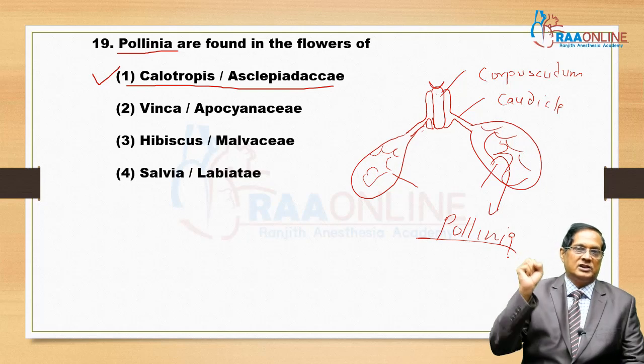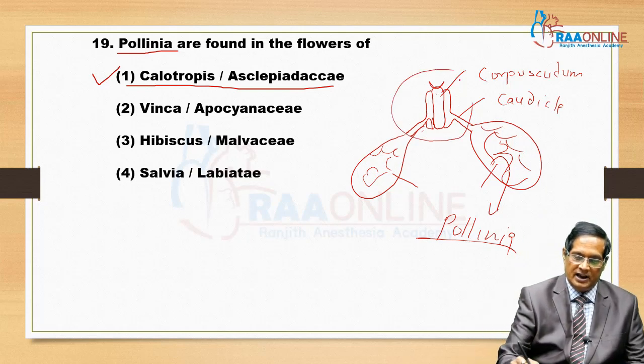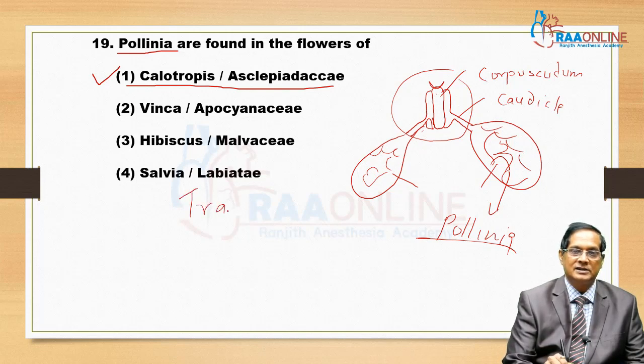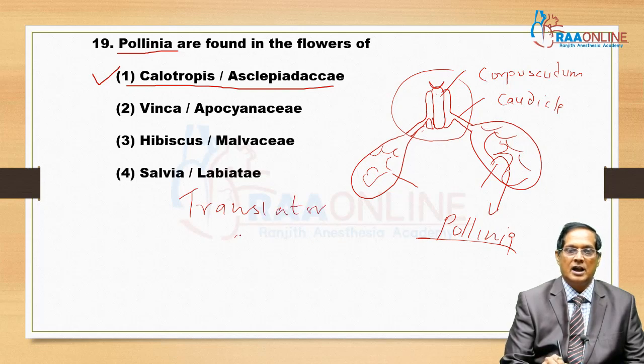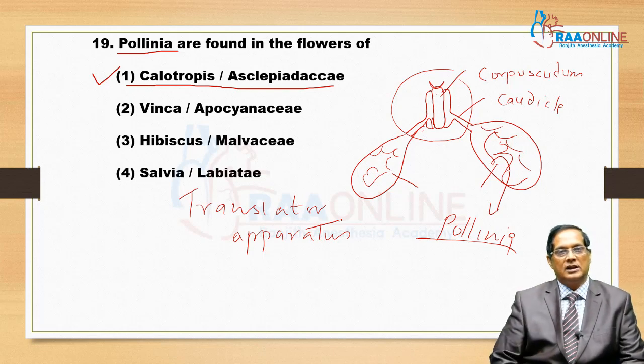And this structure is carried as a whole by the insect, and the entire structure is known as the translator apparatus. The mechanism of its transfer is known as the translator mechanism.